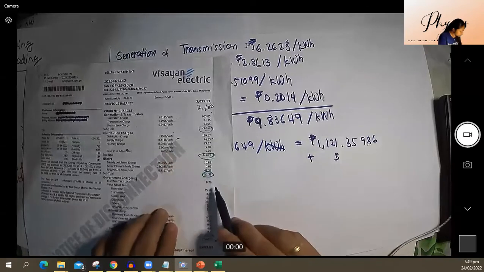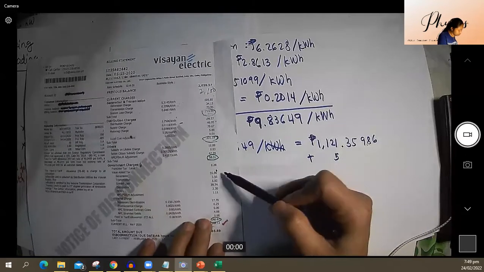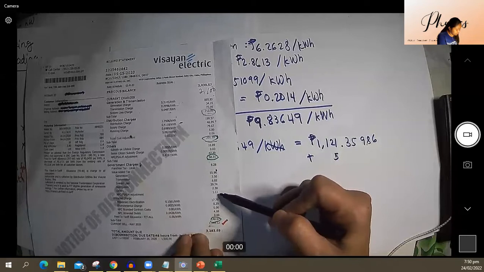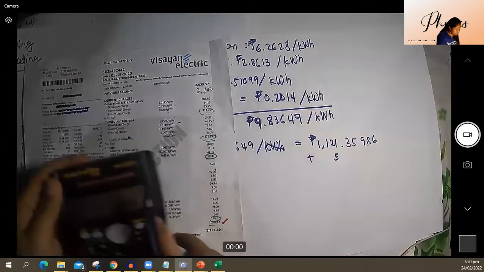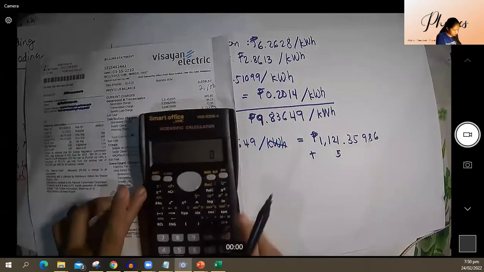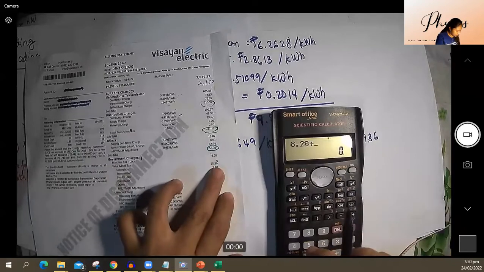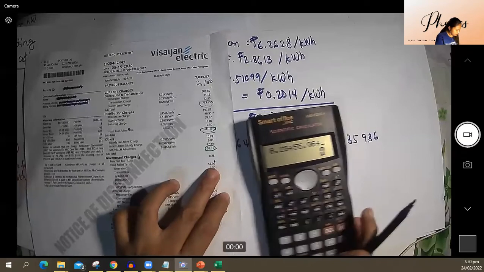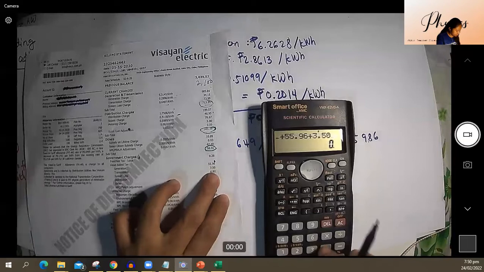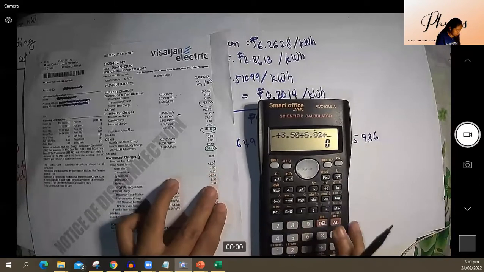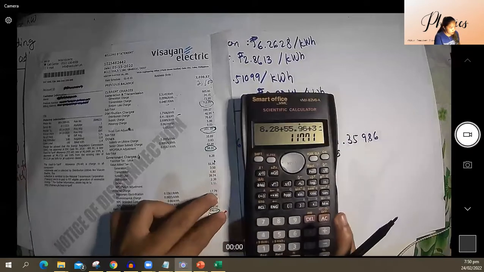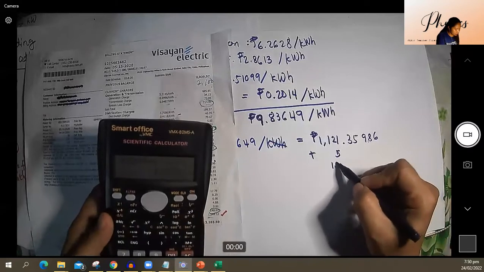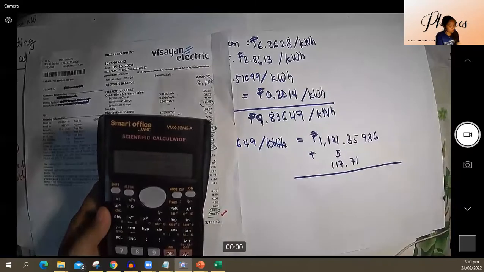And there are also other fees, such as the government charges, which do not have the amount per kilowatt hour, so we can just get the total here. 8.28 plus 5.96 plus 3.50 plus 6.82 plus 39.74 plus 2.30 plus 1.11, and that's 117.71. We can add that here, 117.71.